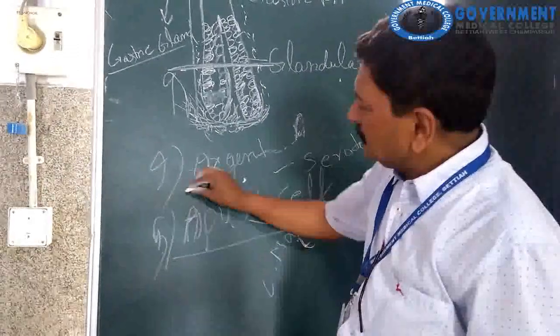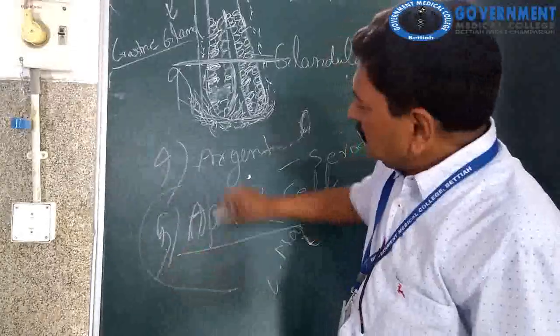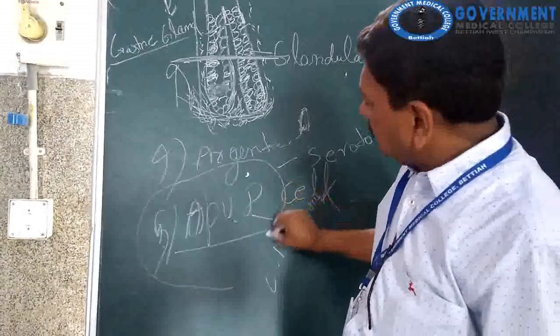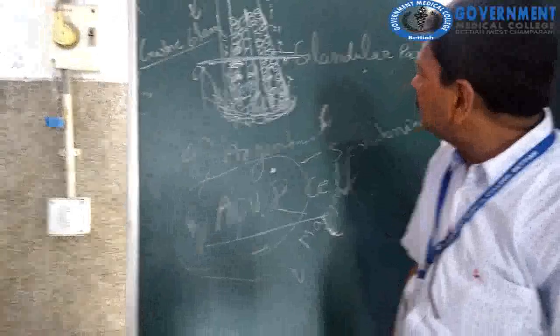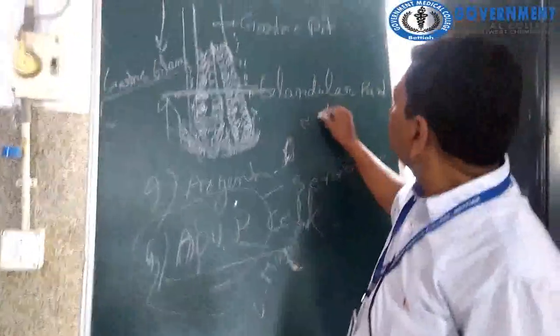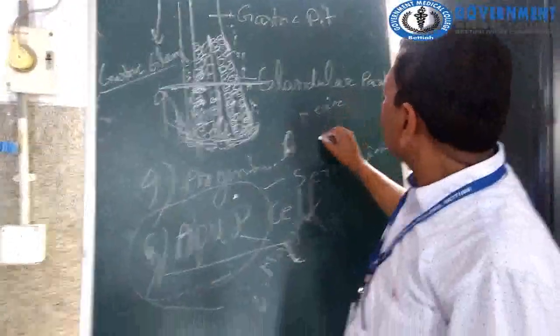The secretion of APUD cells is also called intermediate between neurons and hormones.